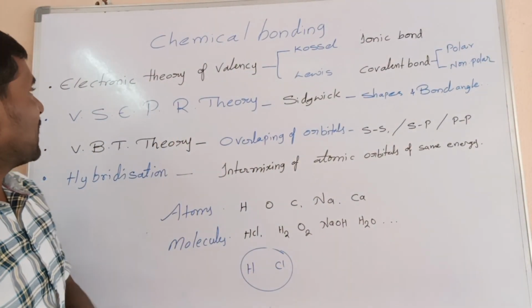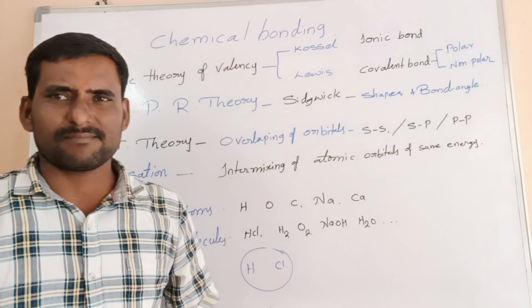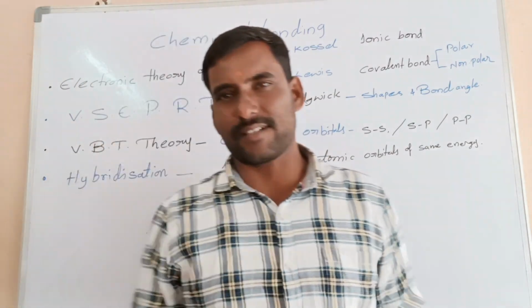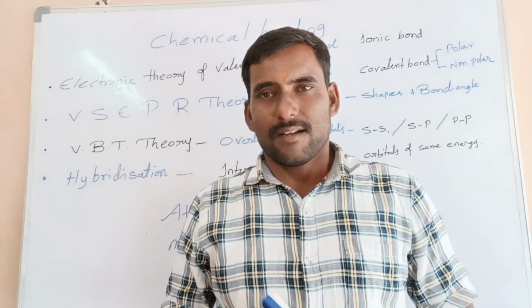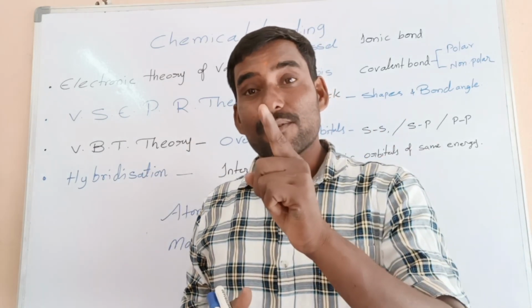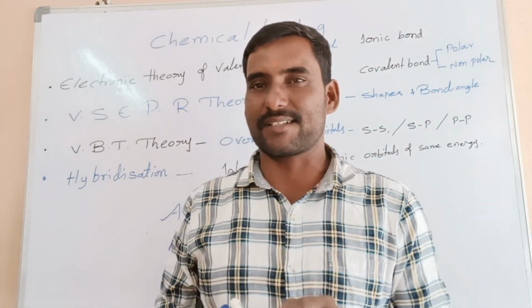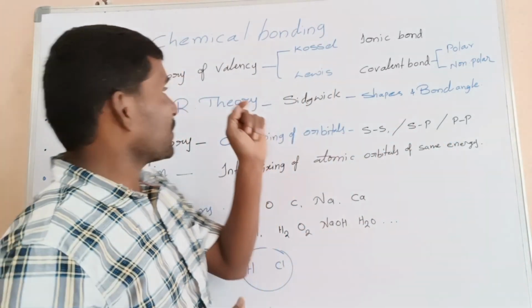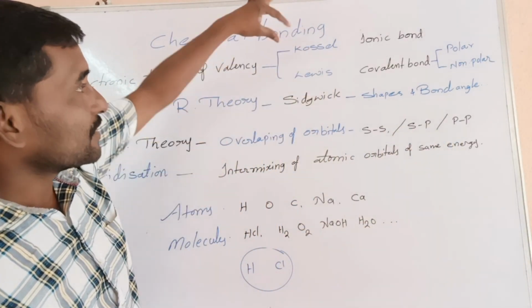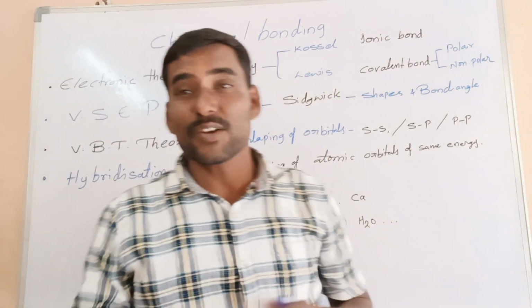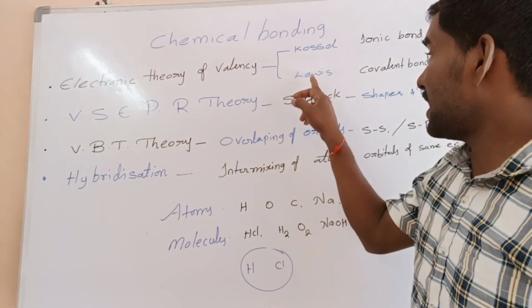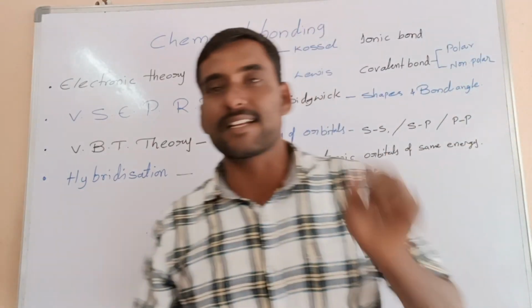First we'll see the electronic theory of valency. That theory mainly explains valency electrons. The chemical bonds are formed only due to the valency electrons. That theory also consists of two categories: one is Kossel theory, which explains ionic bond, and Lewis theory, which explains covalent bond.